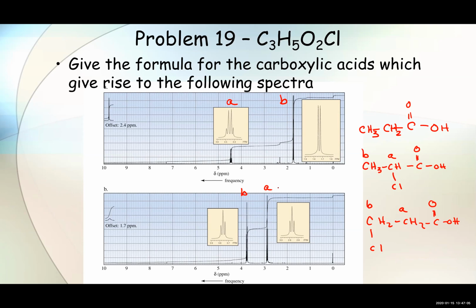But okay, I wanted to show you another thing. You'll notice how sharp this peak is, and this is a carboxylic acid, and how fat this peak is, and this is a carboxylic acid, right? Usually this has to do with hydrogen bonding. If there's a lot of hydrogen bonding going on, the peaks get wide because the part that's hydrogen bonding is the hydrogen on the carboxylic acid.